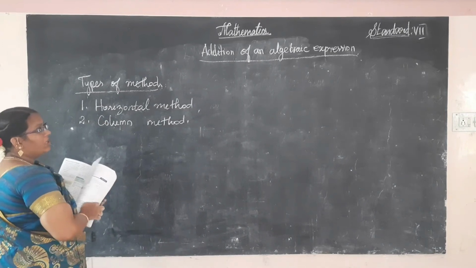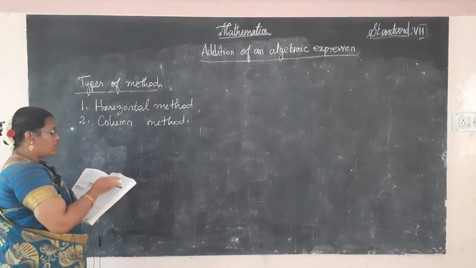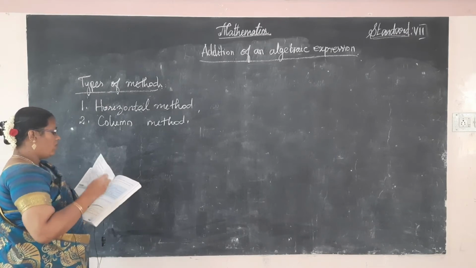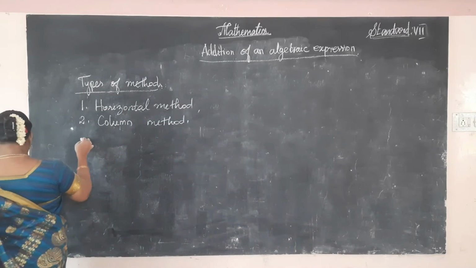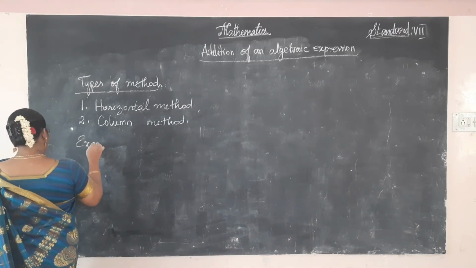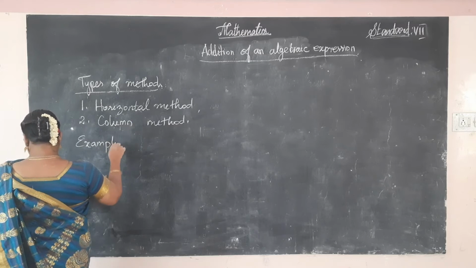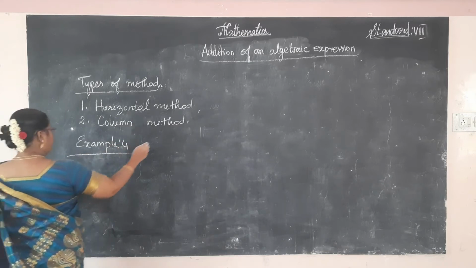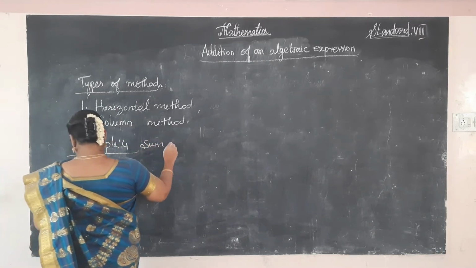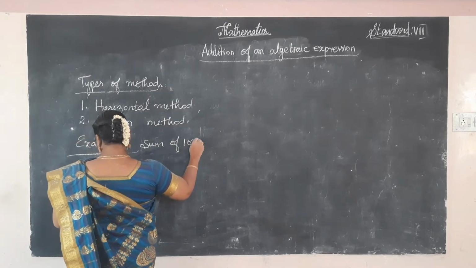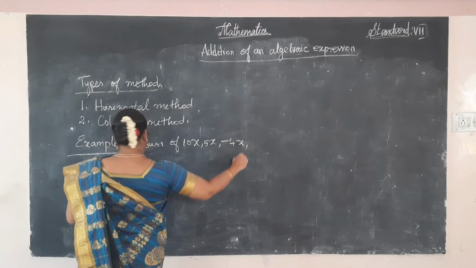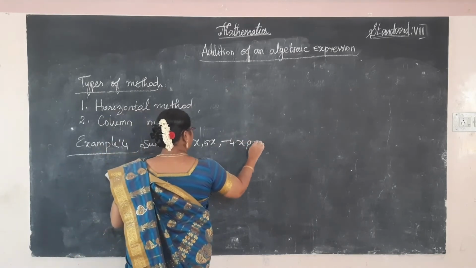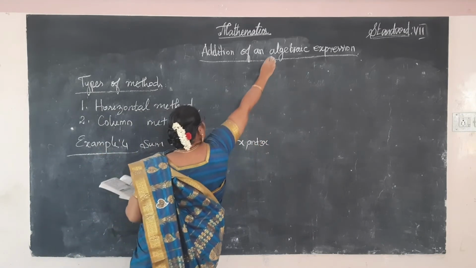Apply it to the given algebraic expression to find the sum of the given values. See example 4. Find the sum of 10x, 5x, minus 4x and 3x.